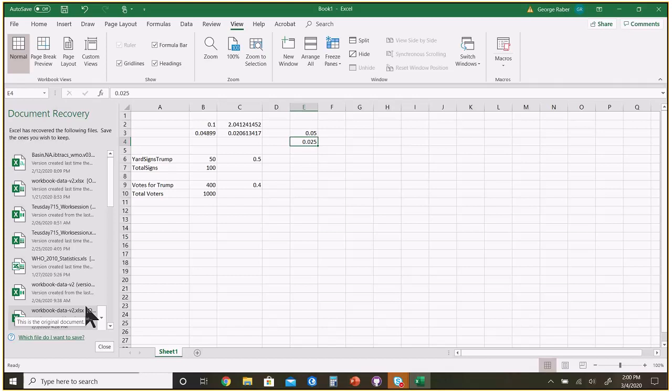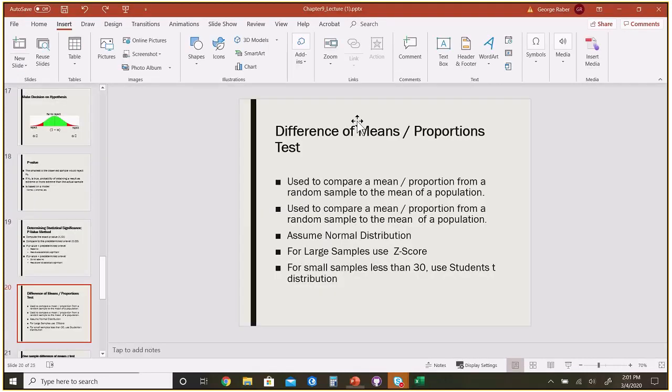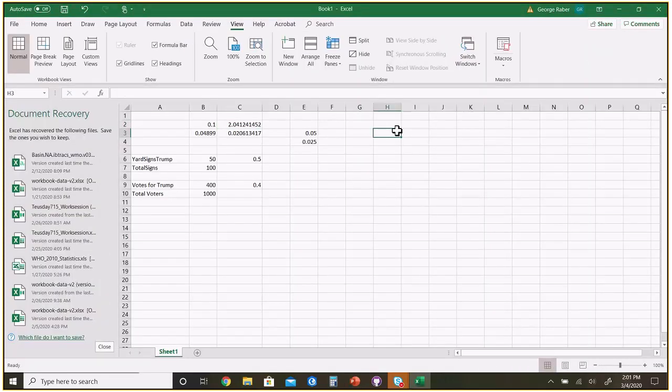You could have gotten this from the book, which would be the old way to do it, but it would have taken a little bit. This value right here is the z-score, so you could go look in the z-table, and for 2.04, the number in the table is 4793.